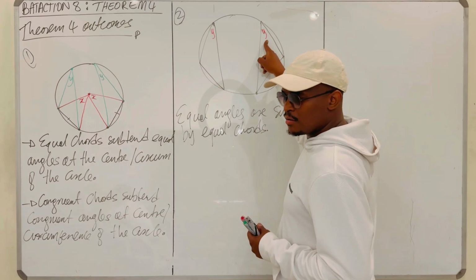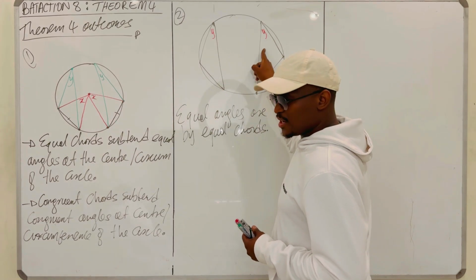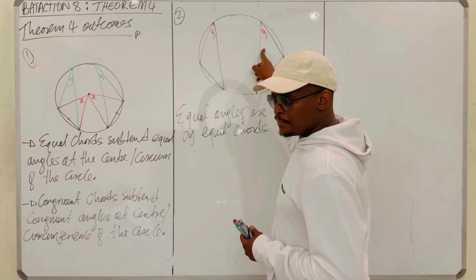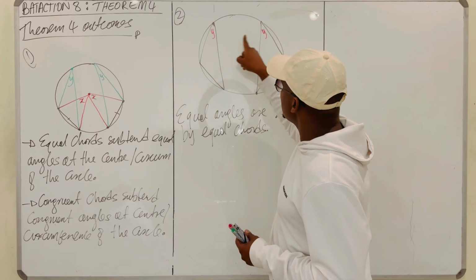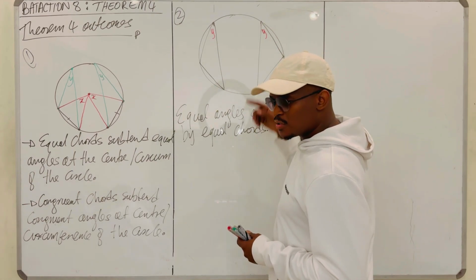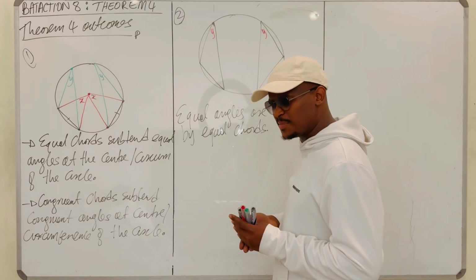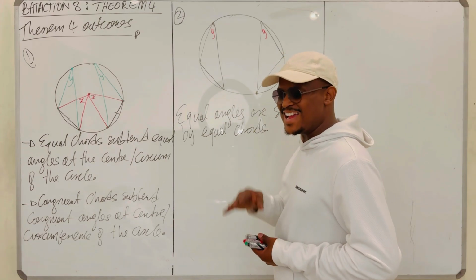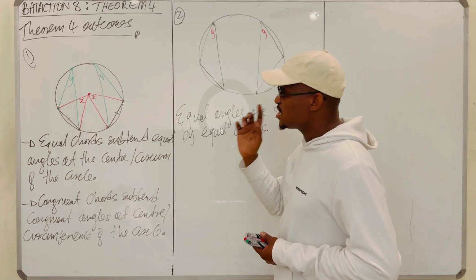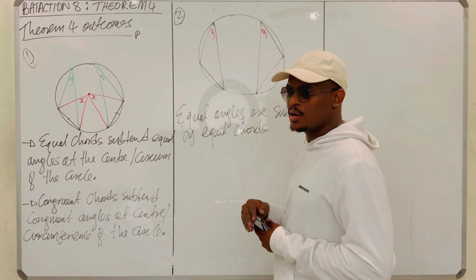They're in the same circle. Both of these angles are in one circle. So if they're equal, you would like to think of them as subtended in the same segment, or maybe in congruent segments, in identical segments. And to achieve that, these two have to be equal.